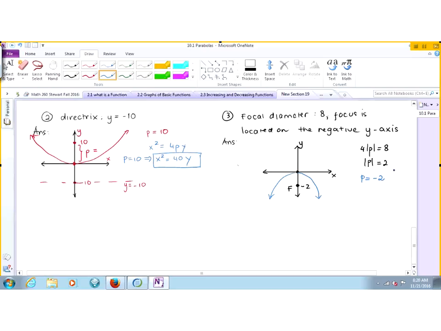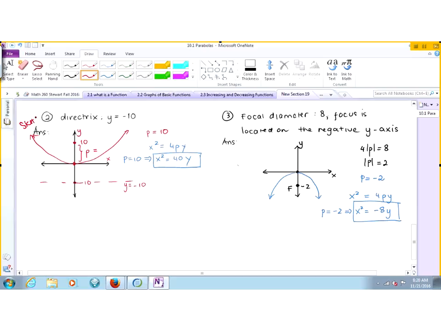And what's the equation? X squared or y squared? X squared is equal to 4py. So P is -2, so x squared is equal to -8y, since 4 times -2 is -8.